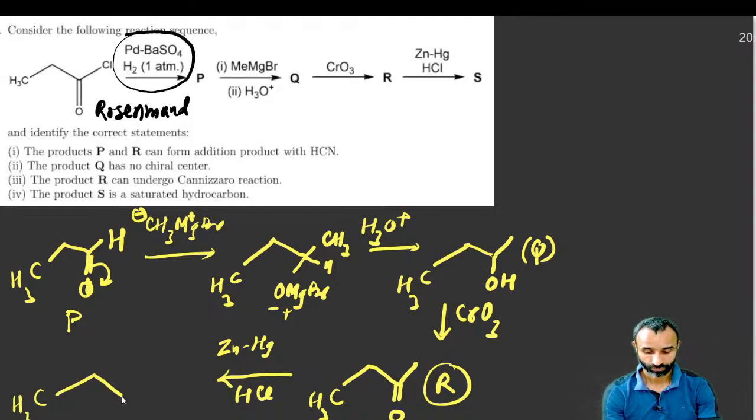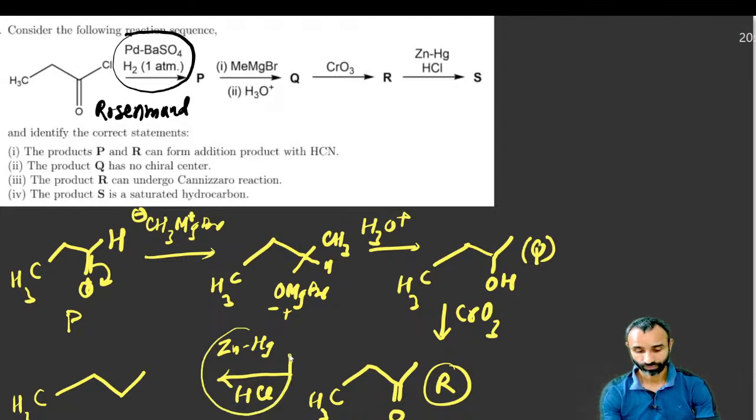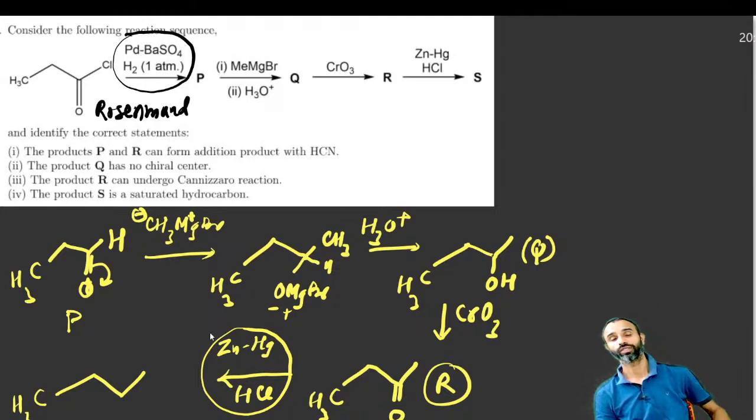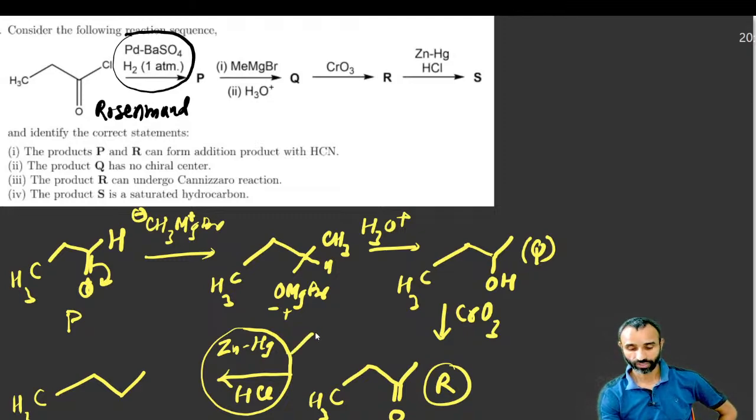This is Clemmensen reduction. So C=O is changed to CH2. Yes. This is Clemmensen reduction. So in this way, we get S.